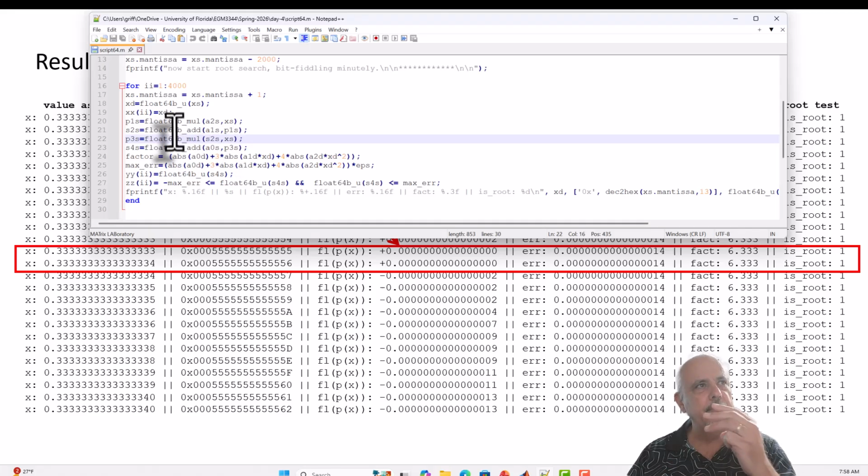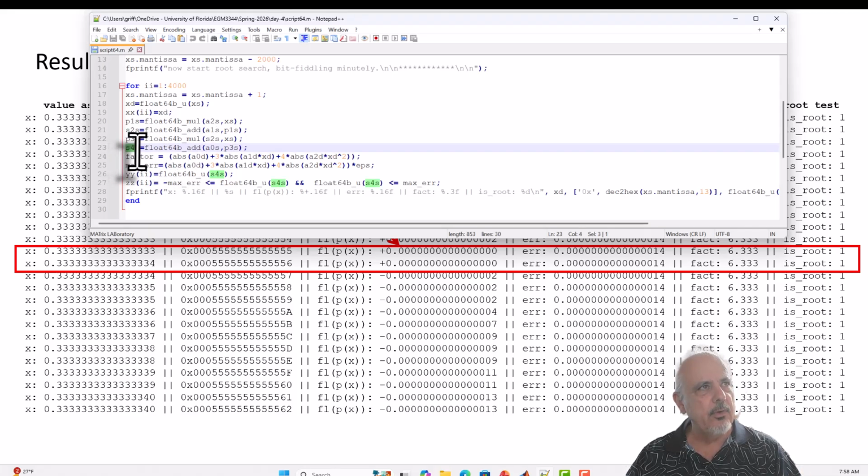So it's a multiply, sum kind of thing. And the very last thing is I take that P3 and add in the constant term. So there are the 4 operations for the Horner sequence for the quadratic. So S4S is the Horner representation of the value, or the calculation of the polynomial.